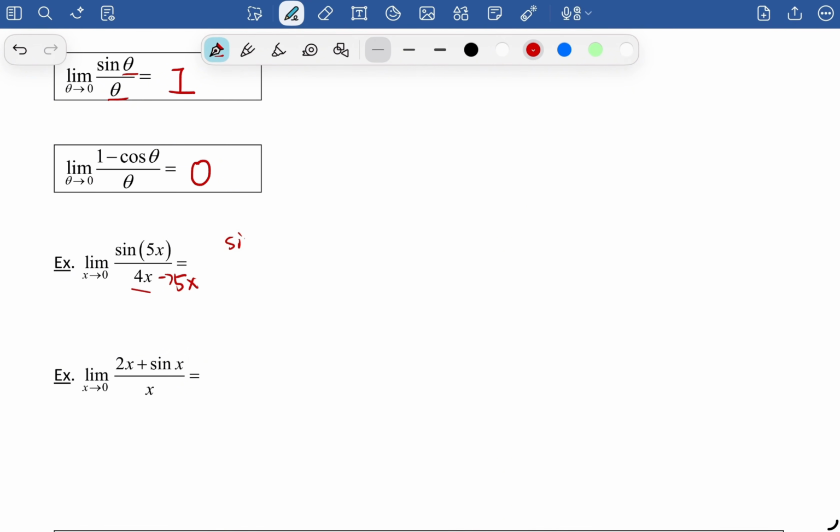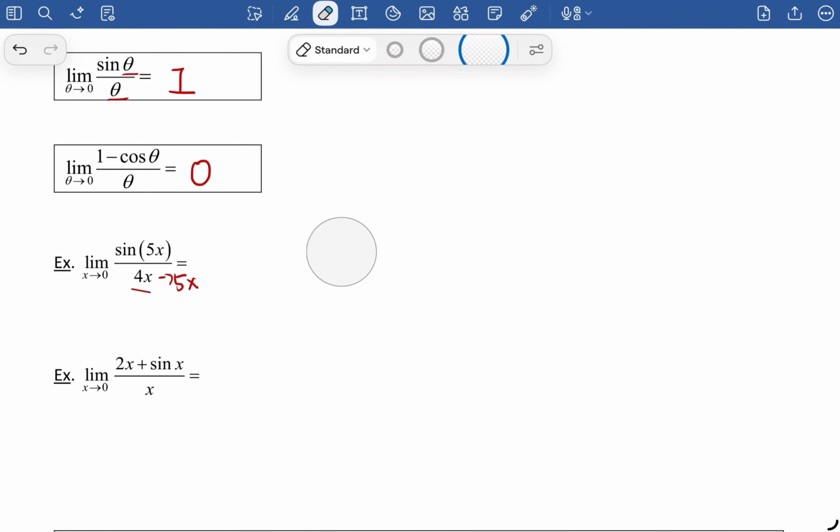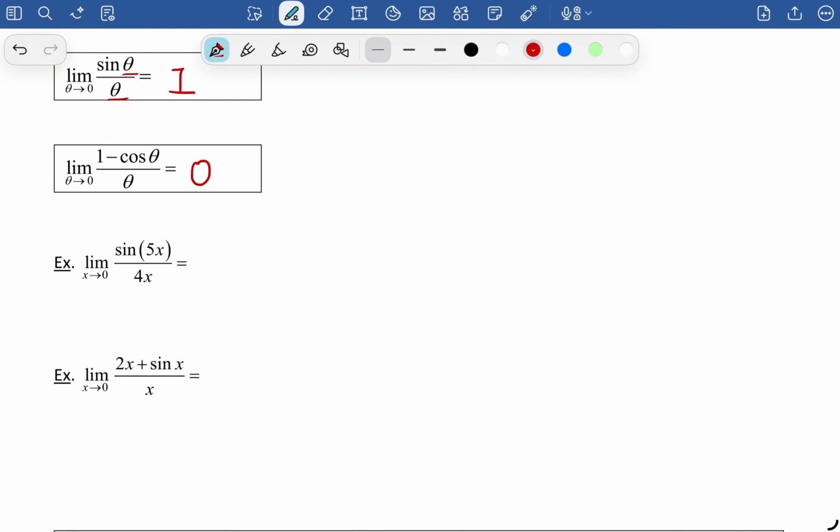Because we know sine 5x divided by 5x, when x approaches 0, is 1. But how do we change 4x to 5x? We can simply multiply everything by 5 over 4. Don't forget this part, times 5 over 4.